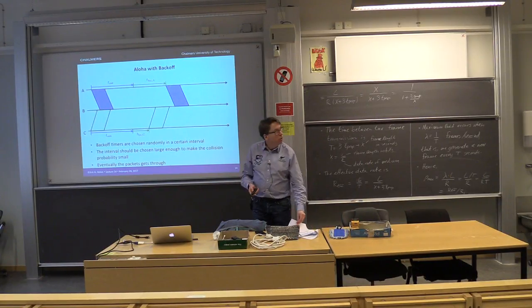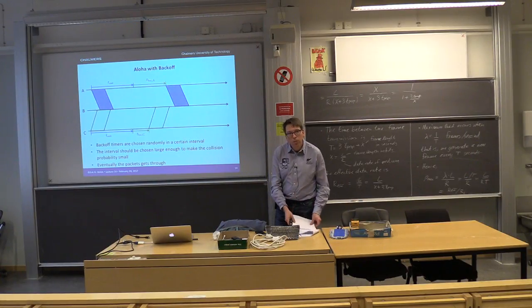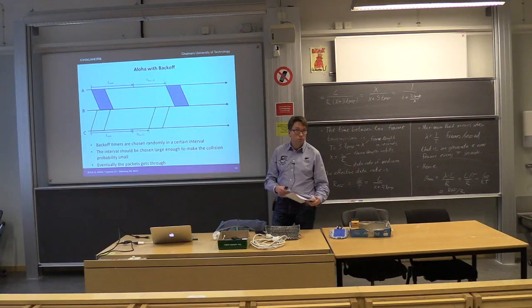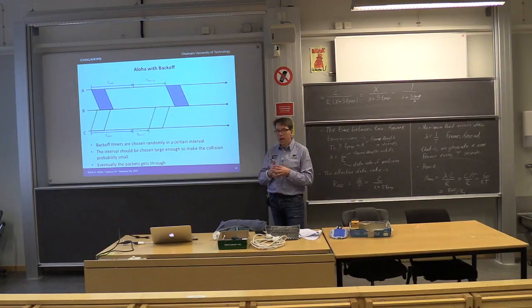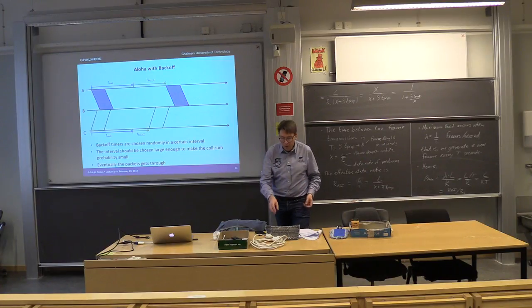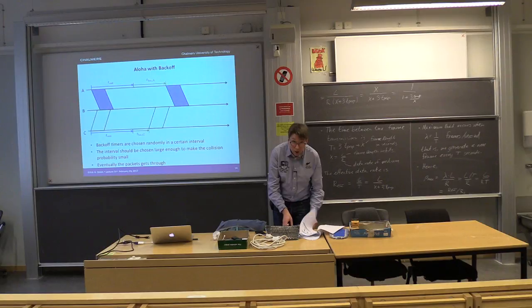So what we want to do is first to say something about the efficiency when we have more than 2 nodes. We want to support many nodes, and to make our life a little bit easier, we want to support infinitely many nodes, because that makes the math a little bit easier. And then we also have to say something about the rate at which the different nodes are generating frames.